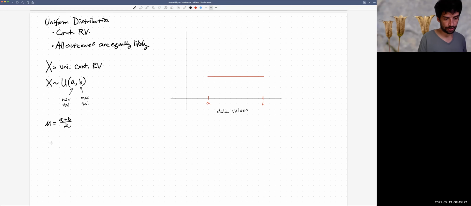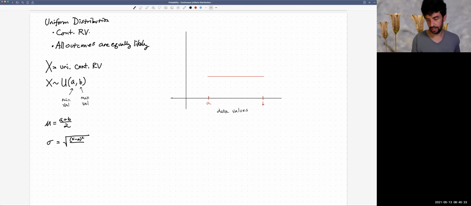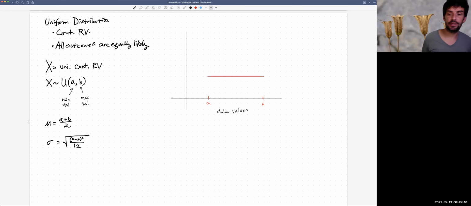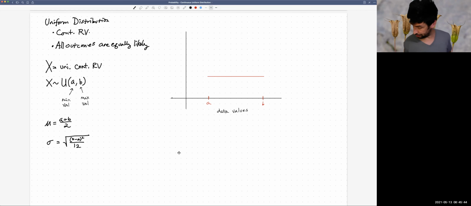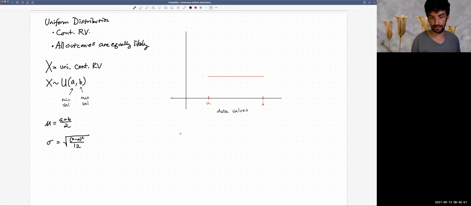Okay. We won't use this one as much, but if it ever comes up, we get the standard deviation for free as well. It's the length of this interval, b minus a squared, divided by 12. Okay, so this is just the way it happens to work out. But the mean, the expected value, is one that's nice for us to know. So let's just do two more things with this abstract example, and then we'll do a precise example, or a more definite example.